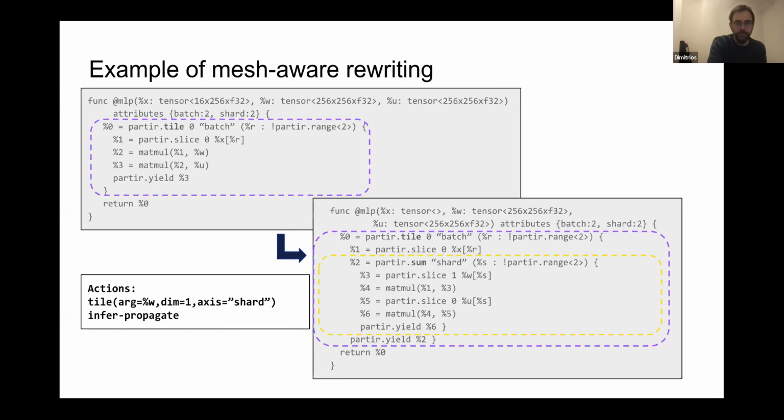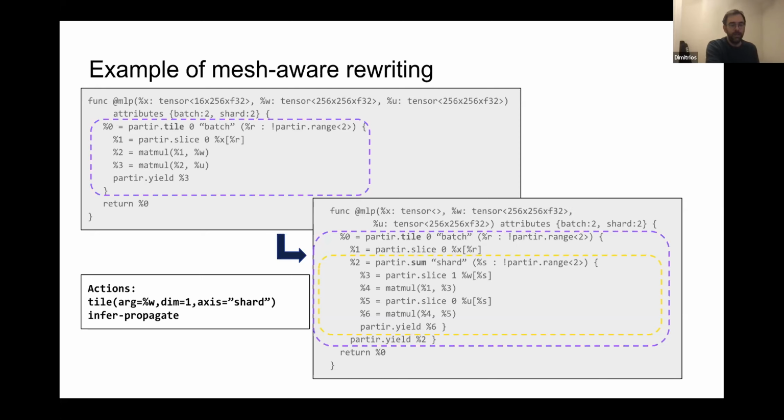Okay, here's an example just to show you how it looks in actual code. We see a tile expression on the upper left. We have tiled a loop. This is MLIR notation, so it's SSA form where you can see the region accepting a %R argument, and it has a body that ends with a PartIR yield.